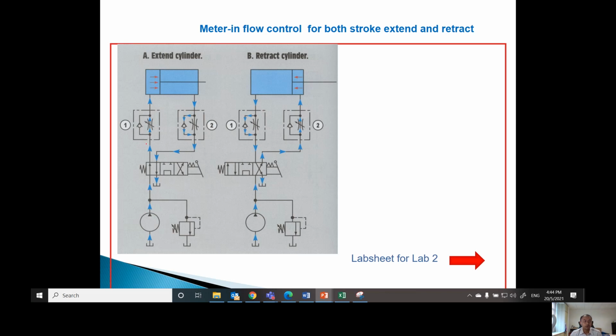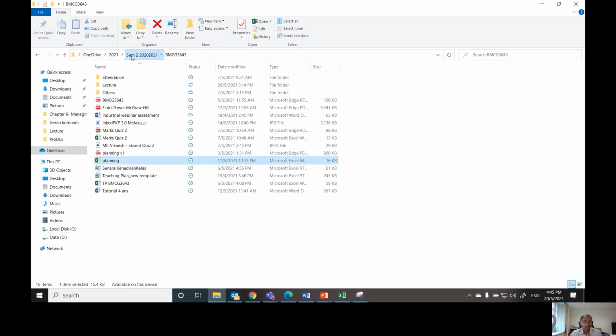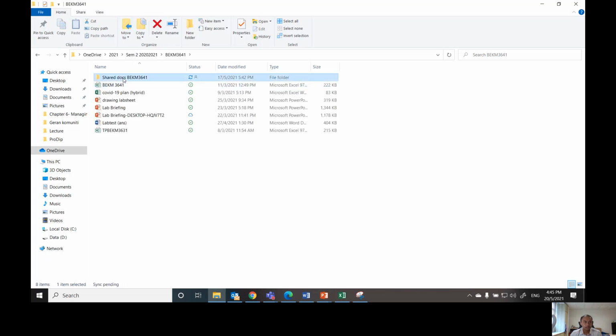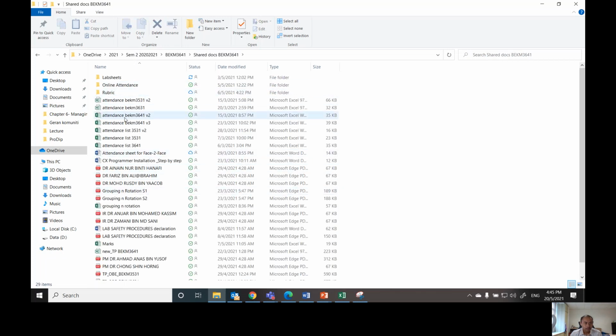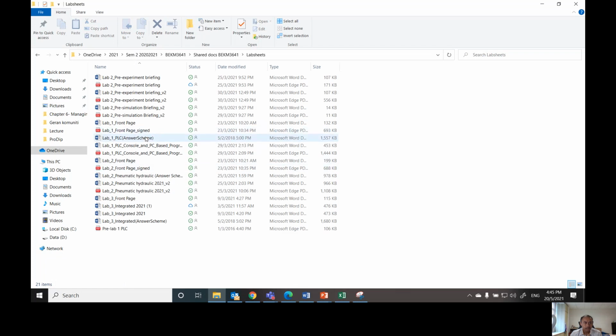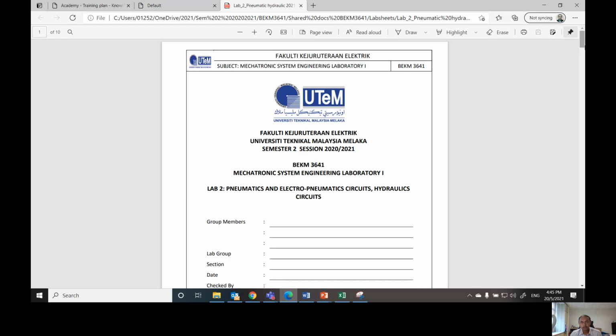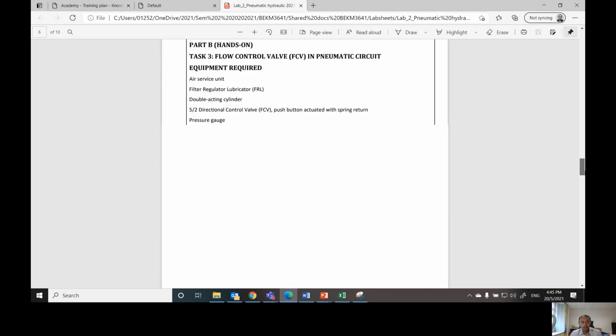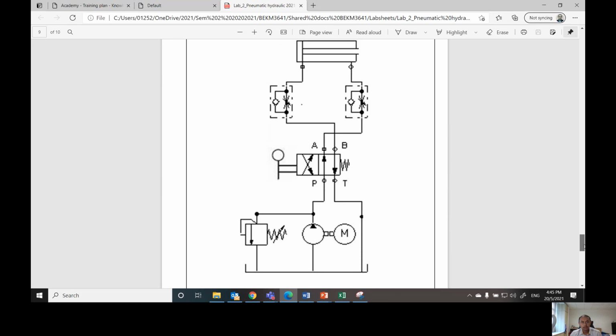You can try to simulate this on paper. And this is something that you have in your lab sheet. If you open your lab sheet for hydraulics, you can see this one, right?